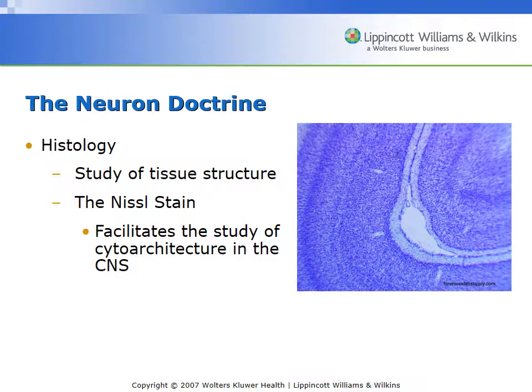Nissl stain is very useful for at least two reasons. It is easy with the stain to distinguish between neurons and glia, and it is an efficient tool to study the cytoarchitecture, the arrangement of neurons, in different parts of the brain.